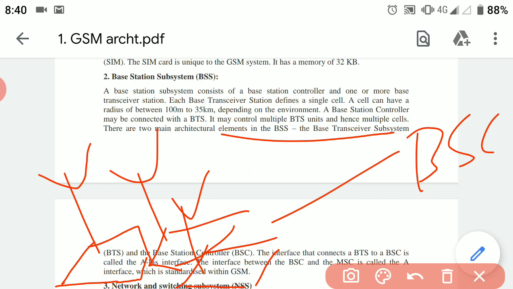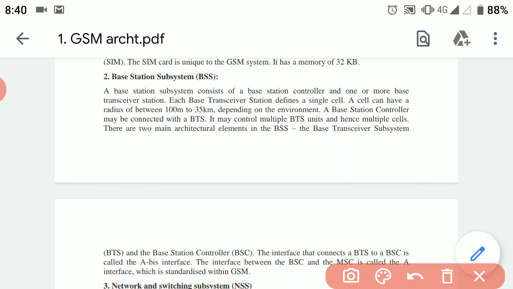This cell radius can be 100 meters to 35 kilometers depending upon geographic conditions. It can be a plain area, a hilly area, or a mountainous area. So these radii will vary depending upon the geographic environment.